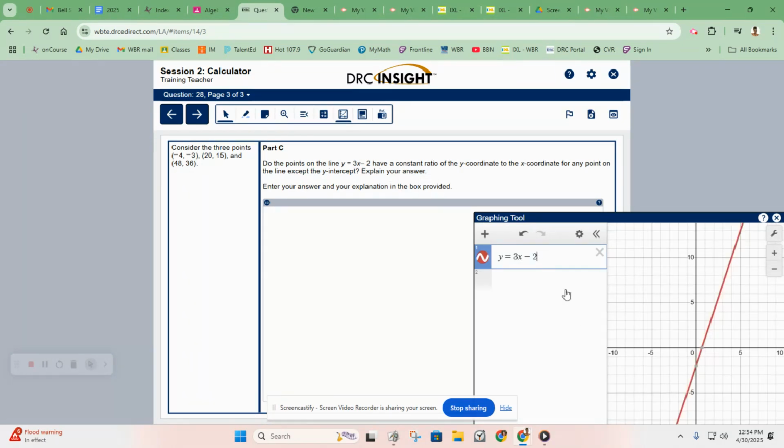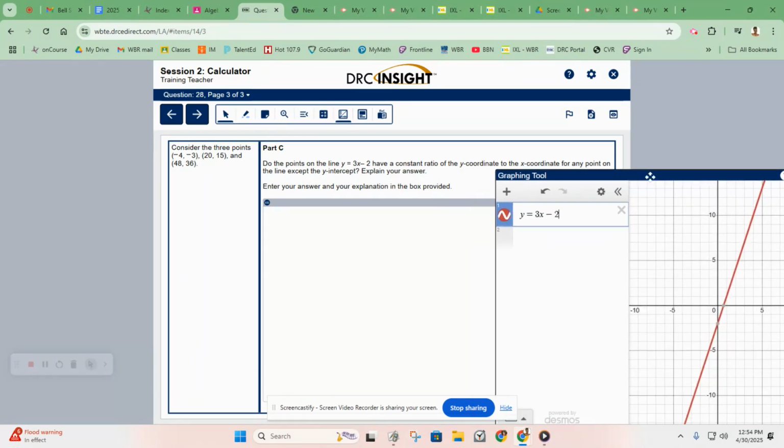What makes this one different is that it's not going through the 0, 0. If it's not going through the 0, 0, that means its y-intercept is at -2. We could also have told that just by looking at the slope-intercept form.